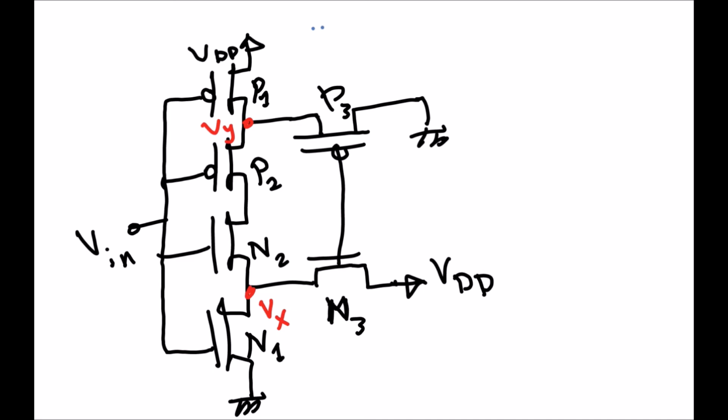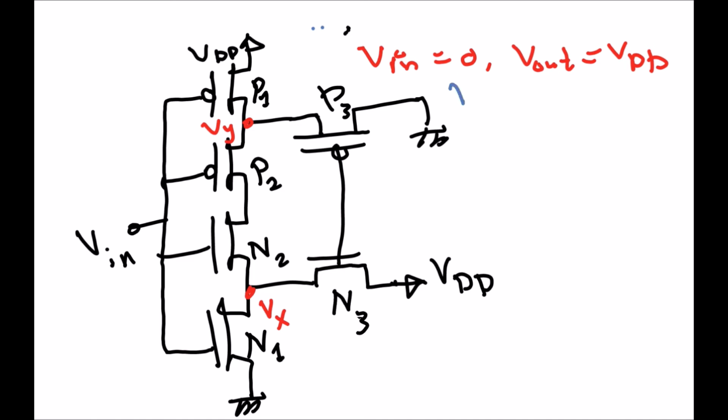Let's look first at the case when V input is low, V input is 0, and V output is VDD. Now, what's the potential of Vx? Vx will have a different potential. It will not be 0. At this point, N3 is on, so Vx will be VDD minus V threshold N.